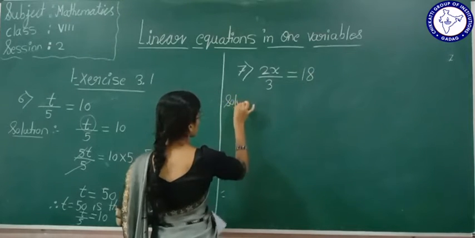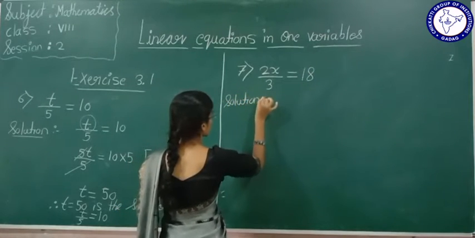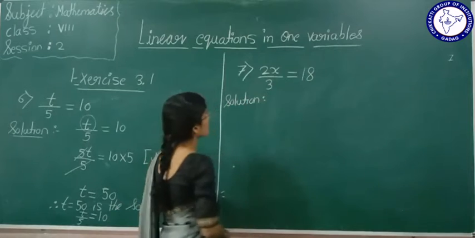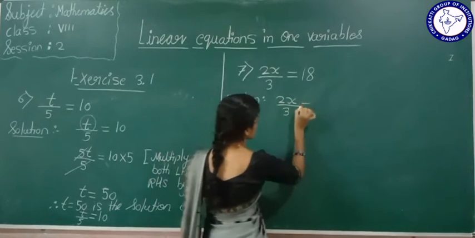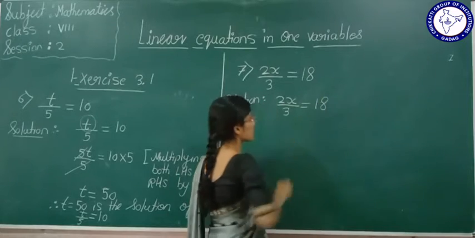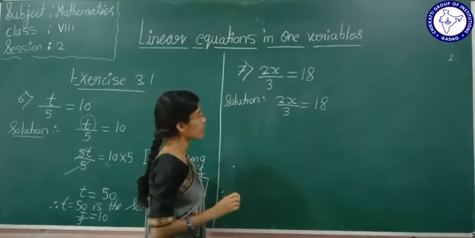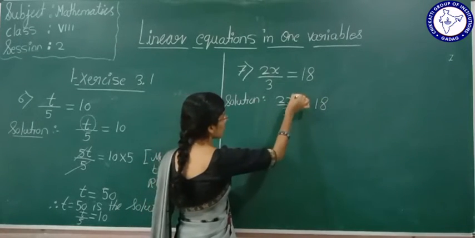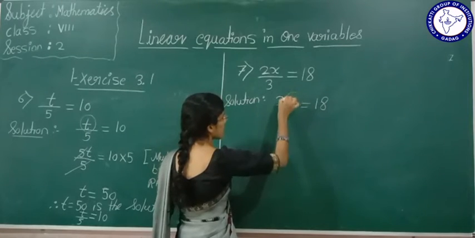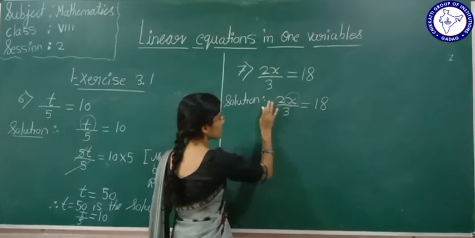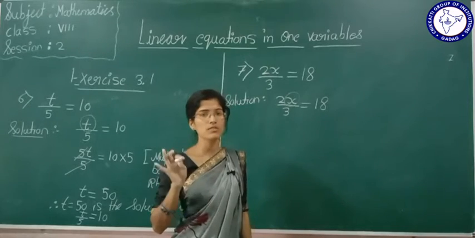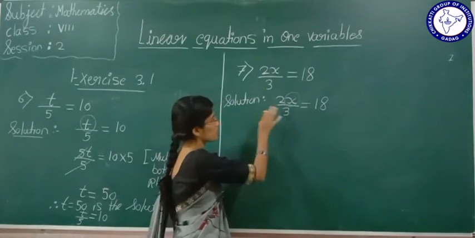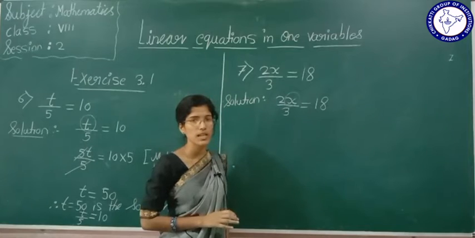See the solution. The given equation is 2x by 3 is equal to 18. Now tell me students, what we have to do? If I want to know the value of x, here you can multiply or divide, but we have to vanish this 2 by 3.